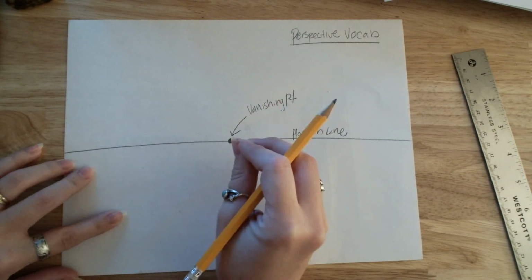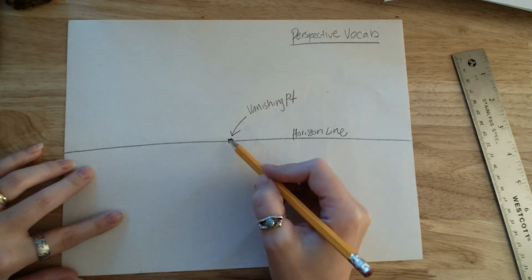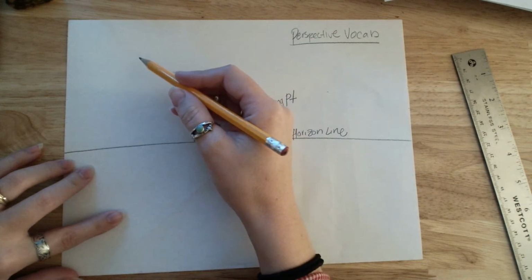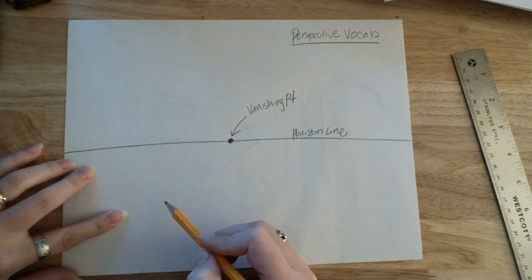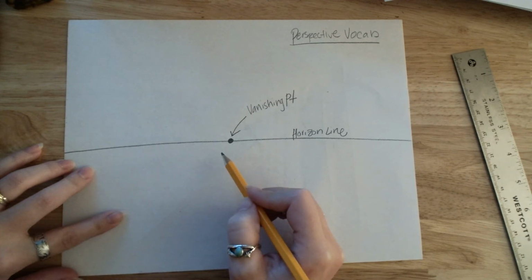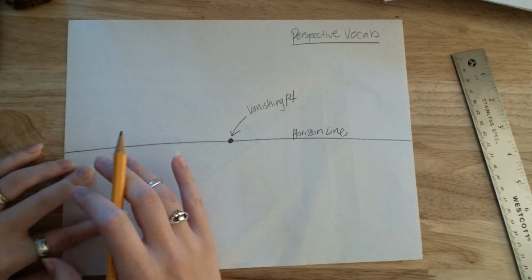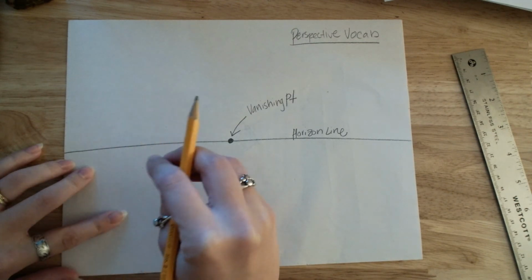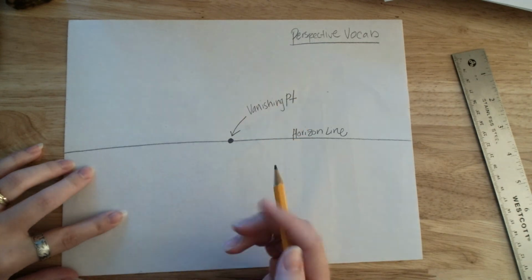All of our lines that we're going to create in our drawings are going to either go towards our vanishing point or be straight up and down or straight horizontally. Any diagonal lines that you have in your drawing will go directly towards the vanishing point. Things that are closer to us will look larger, and things as they get towards the vanishing point will get smaller and smaller and smaller.